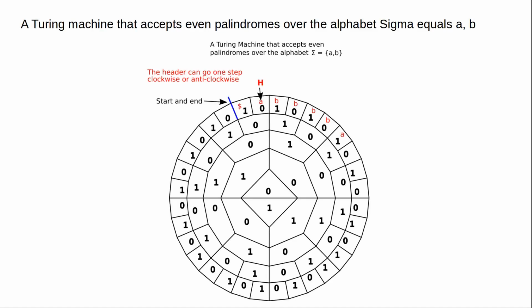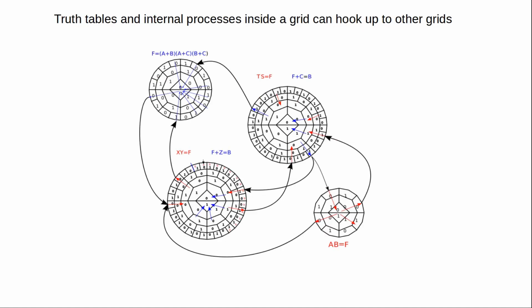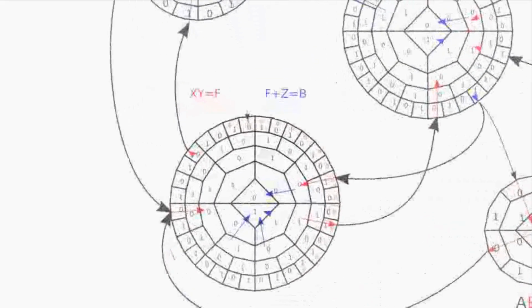A Turing machine that accepts even palindromes over the alphabet sigma equals A, B. Truth tables and internal processes inside a grid can hook up to other grids. Processes can be nested.